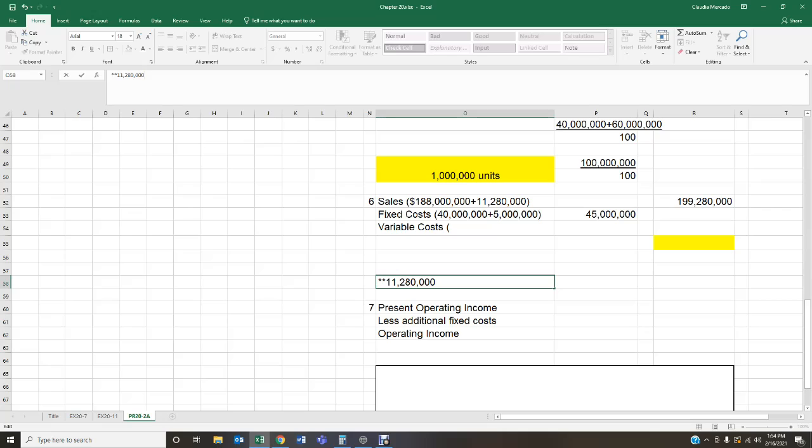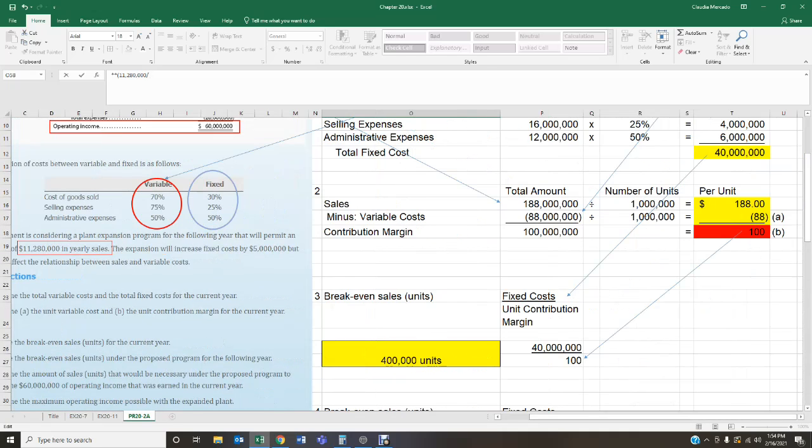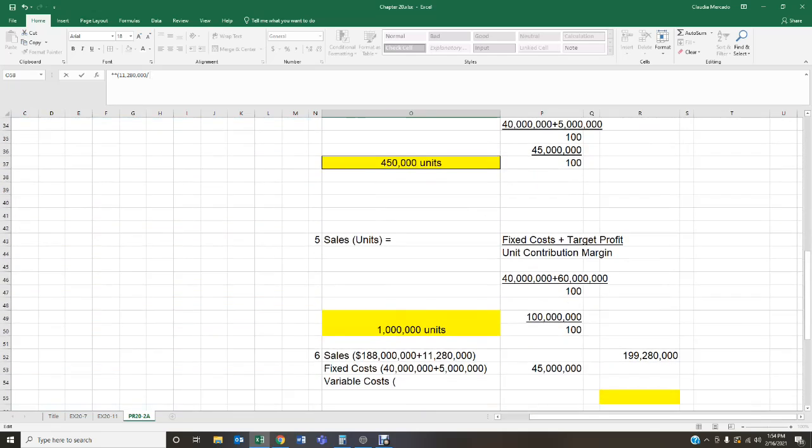and I'm gonna put this in parentheses because I'm gonna do some calculations, and then I'm gonna divide by my sales per unit cost that we had already calculated up here, which is my $188.